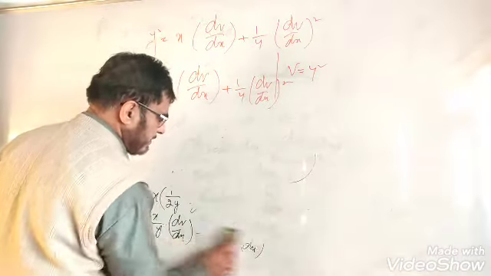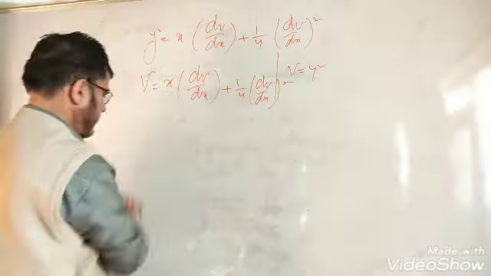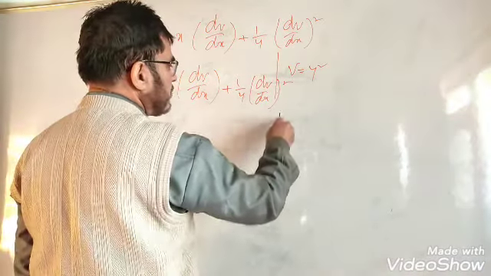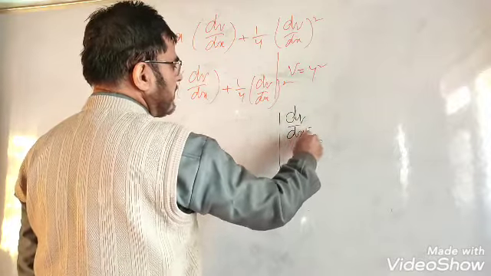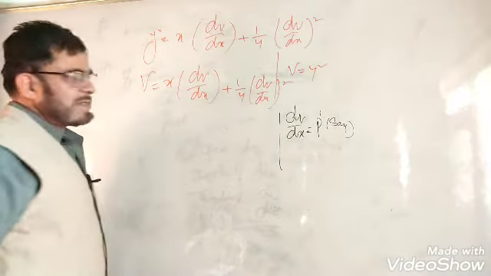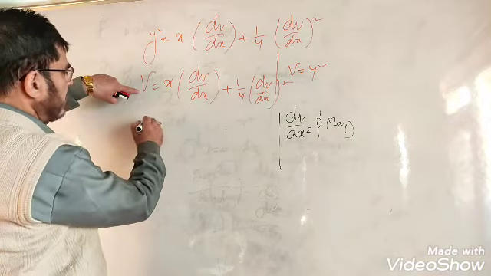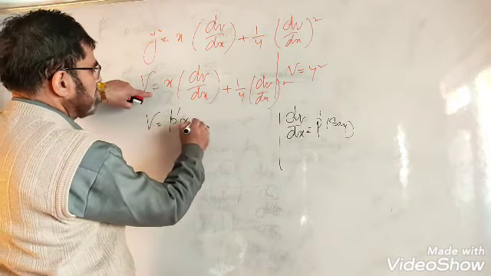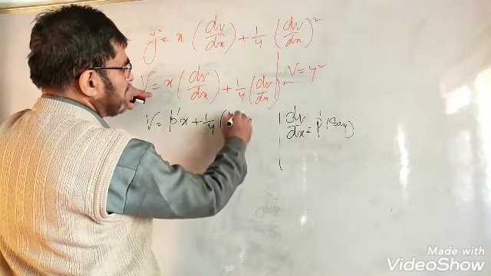Why is it Clairaut? Suppose I make the substitution dv/dx = p'. If I replace dv/dx by p', what happens? This is v = p'x + 1/4 p'².